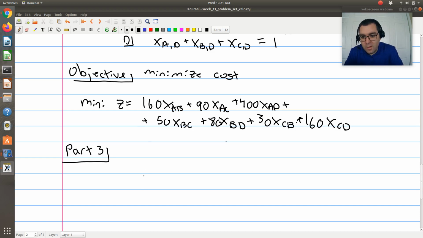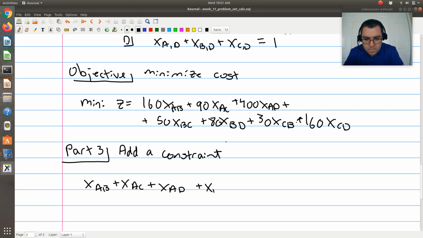So in part 3, we're going to add a constraint, and that constraint will be that the sum of my variables, okay, which again will be 1 if a route's taken, 0 if it's not, okay, needs to be less than or equal to 2.